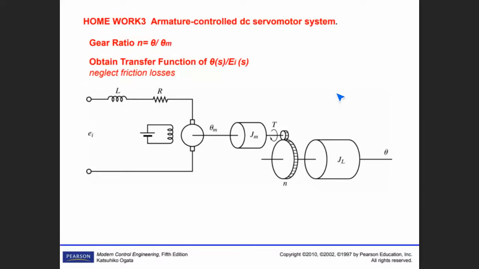In an electric vehicle, we have a system like this. But be careful. Gear ratio N is defined here as theta over theta m. This is an electric motor. The electric motor produces torque, and that torque rotates the system.